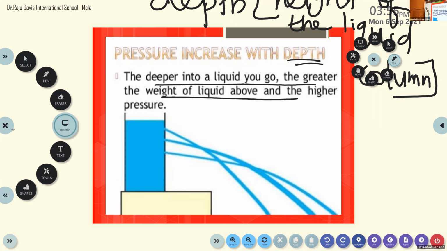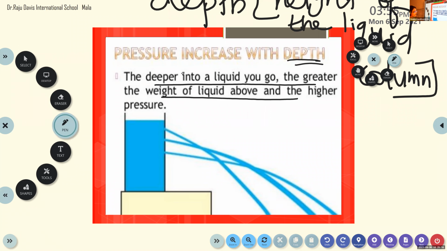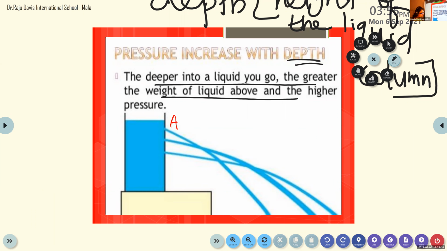Weight means force. Okay. As you look at this picture, let us give 3 points A, B and C. A is the first hole, B is the second hole, C is the third hole. Correct?